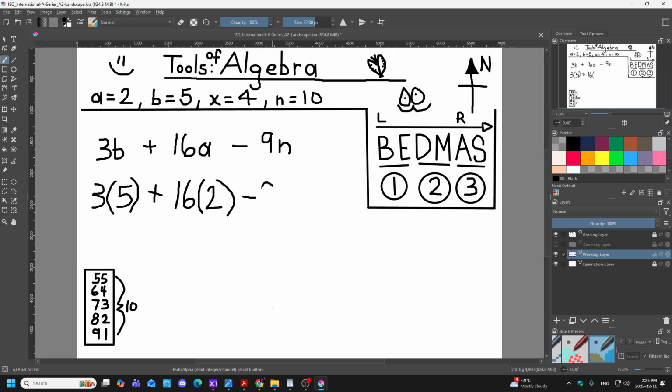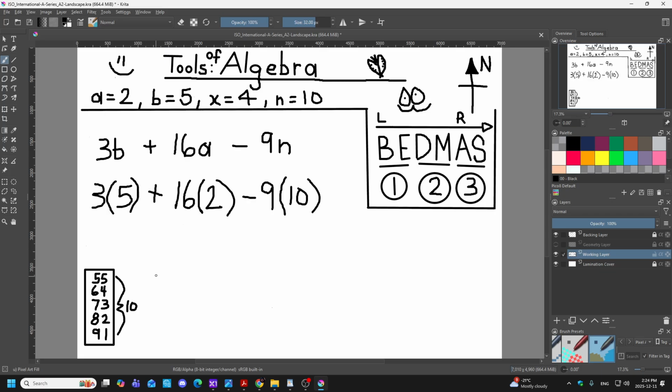Subtract 9. N is 10. Okay, so we could solve this, and we could solve this, and we could solve this, all at the same time and independently of each other.